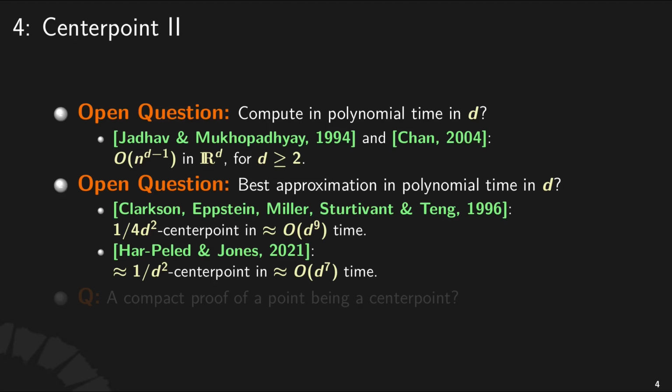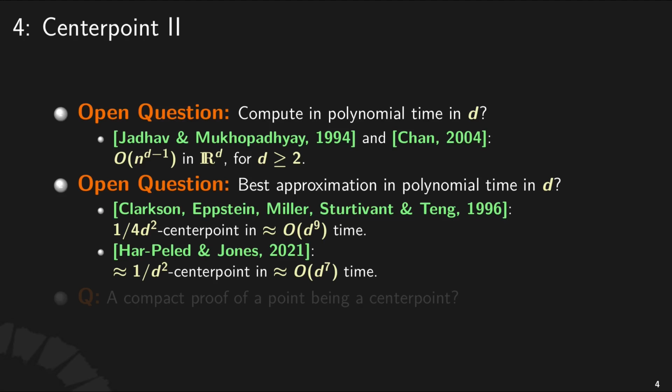Since we cannot get an exact algorithm in polynomial time in d, people looked into approximation algorithms, and there is a result from the 90s that gives an approximate center point in time polynomial in d. So the running time is good. The approximation is not great. It's roughly 1 over 4 to the d squared.